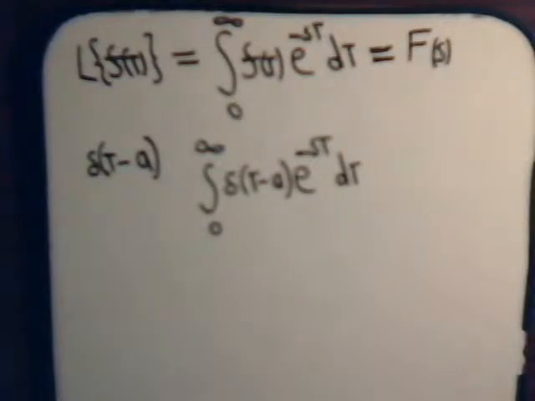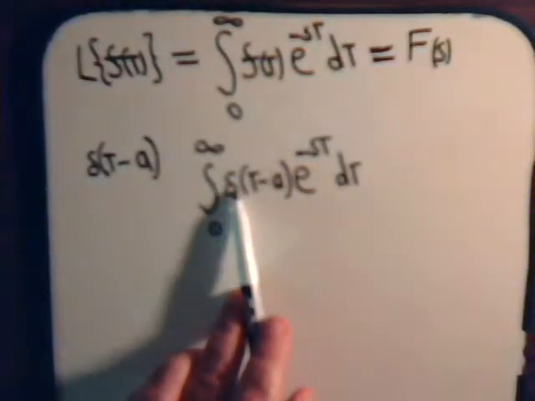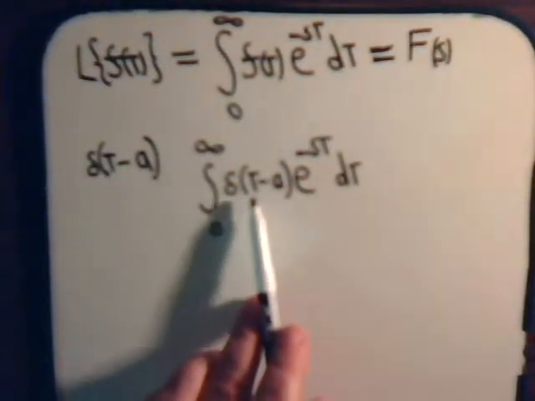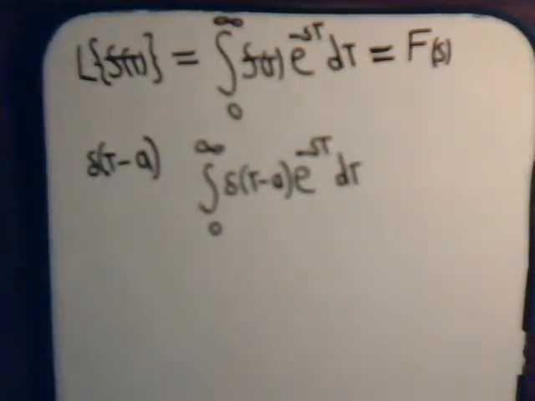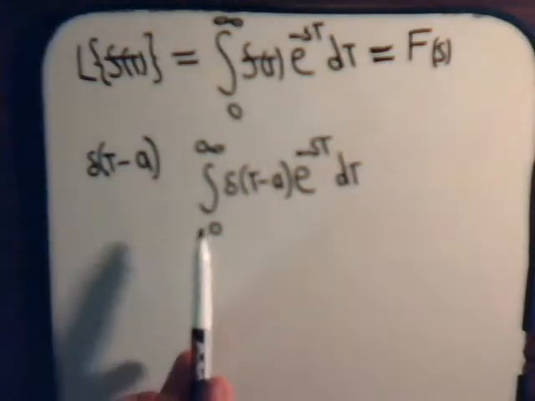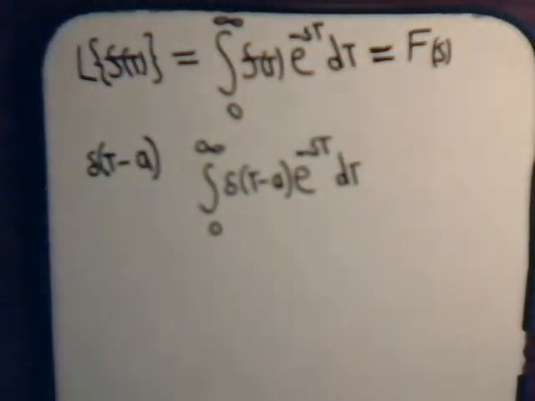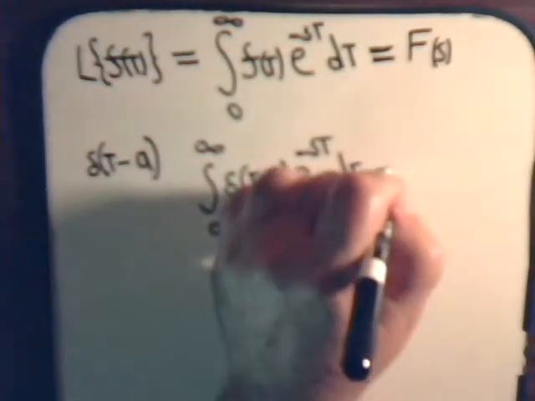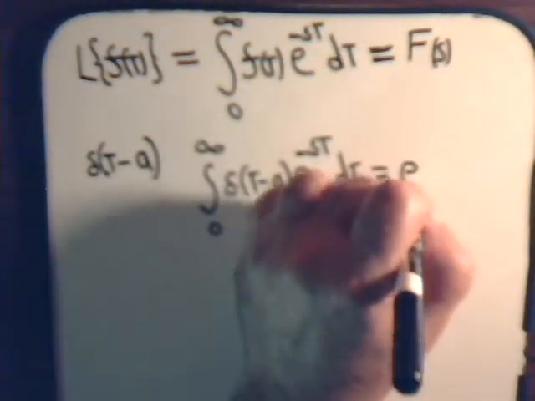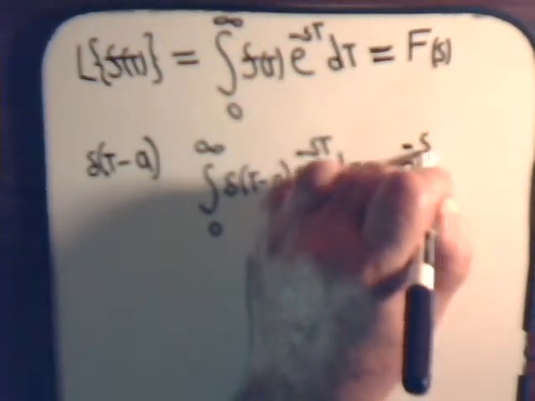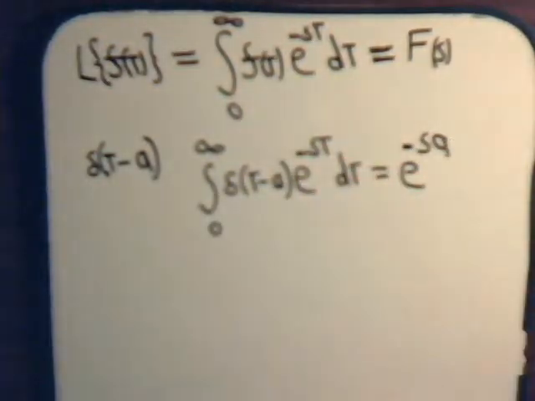And this is always 0 except when t equals a. And we're doing it now for a positive value of a, so that a lies between 0 and infinity. So this is always going to be 0 except when t equals a. So this will be equal to e to the minus s times a.